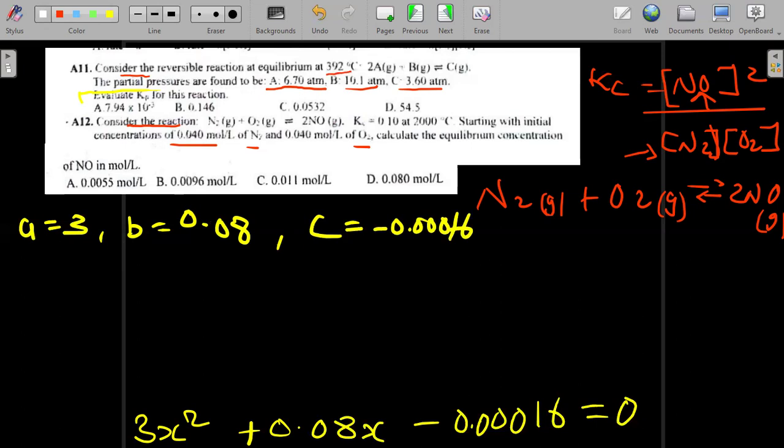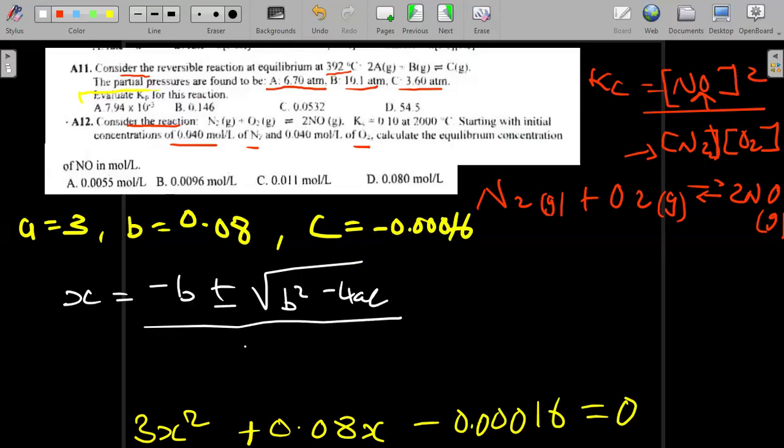So the quadratic formula is just x is equal to minus b plus or minus the square root of b squared minus 4ac, and then we divide this by 2a. I'm not going to show the whole process here, but when you solve for x, you are going to get two numbers, the negative one and the positive one.